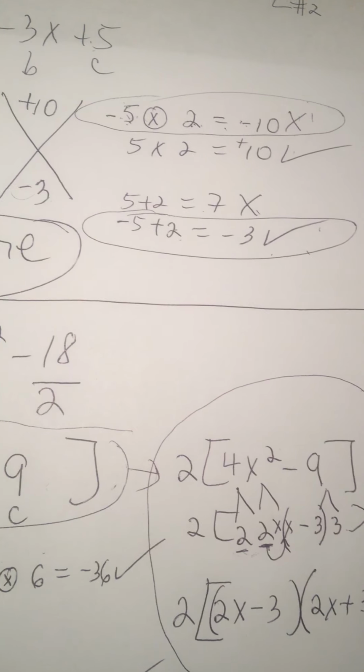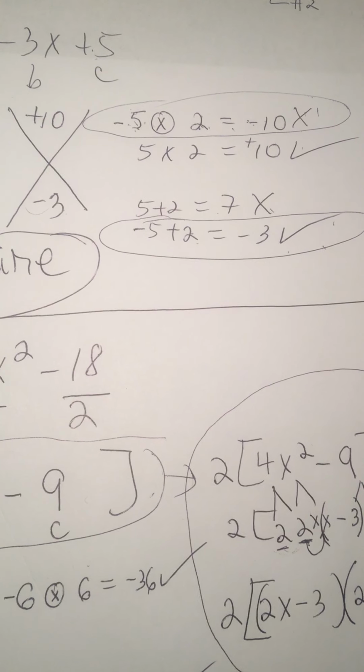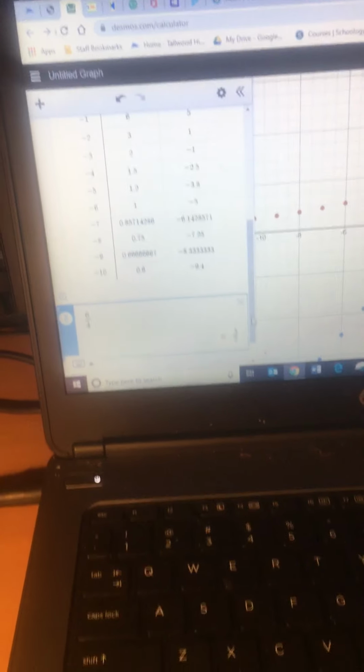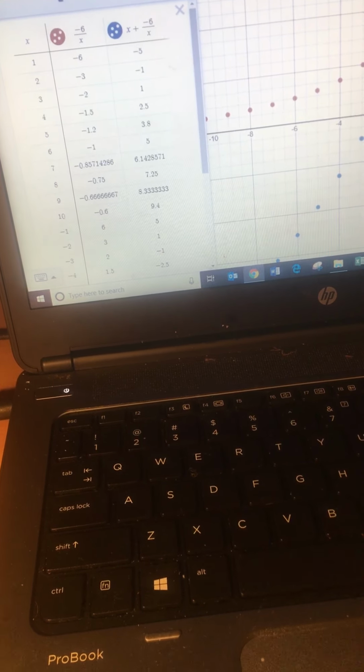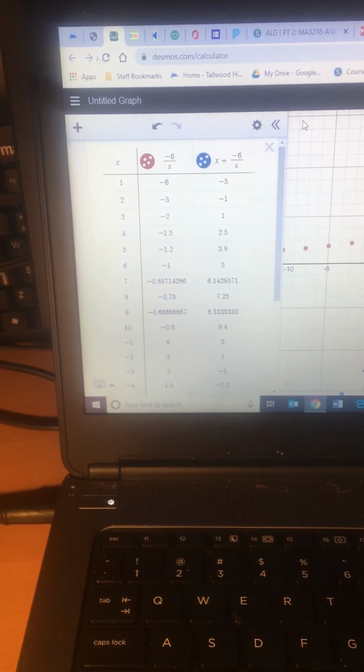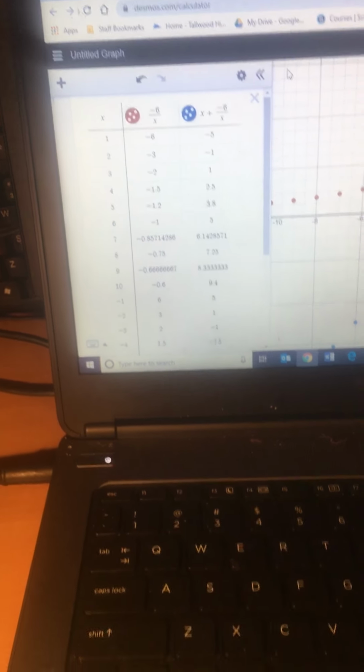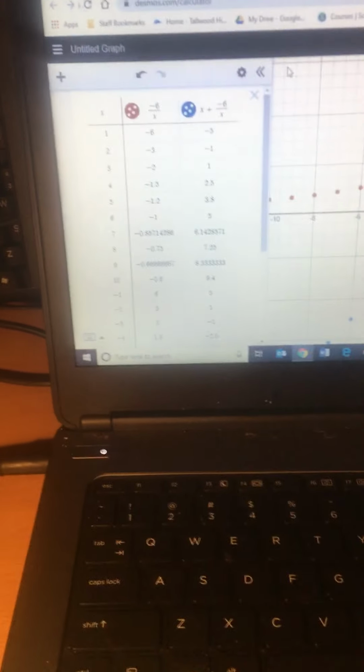All right, now let's do the Desmos way. Let's get back to our computer. In this situation, I'm showing you 3 different ways. Let's scroll back to top. We could get rid of that. And now you'll see why I did not erase anything, because we are reusing it. Okay, so let me rewrite this on my screen.